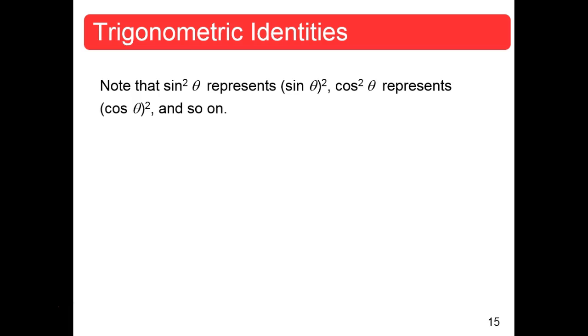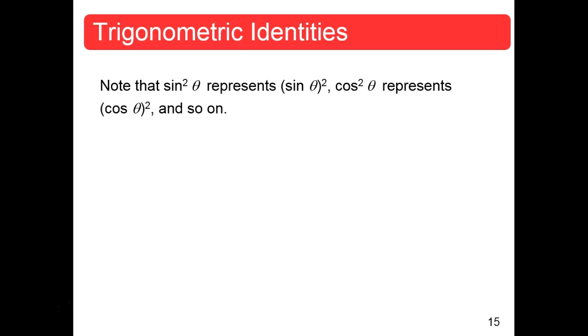It's not doing anything to theta, it's squaring the function, sine of theta squared. Cosine squared theta is the same as cosine theta squared. Neither one of these has anything to do with sine of theta squared, as if you didn't have a parenthesis here. That's sort of a ridiculous statement, and so is this one. So sine squared theta means you square the sine of theta.